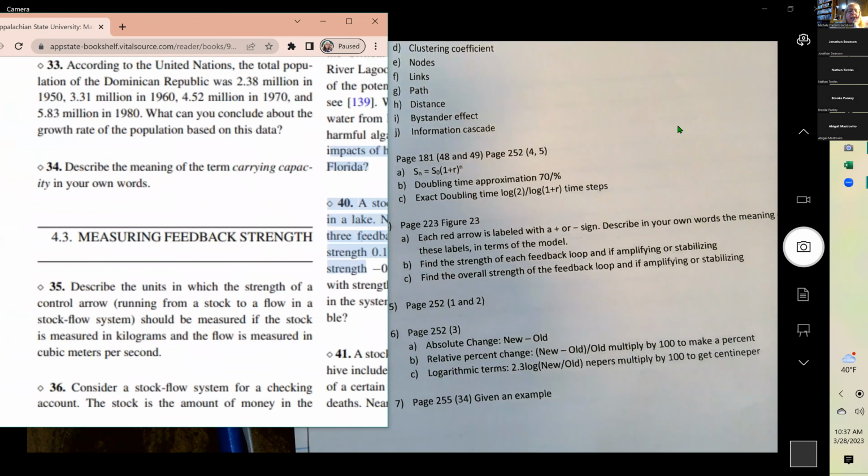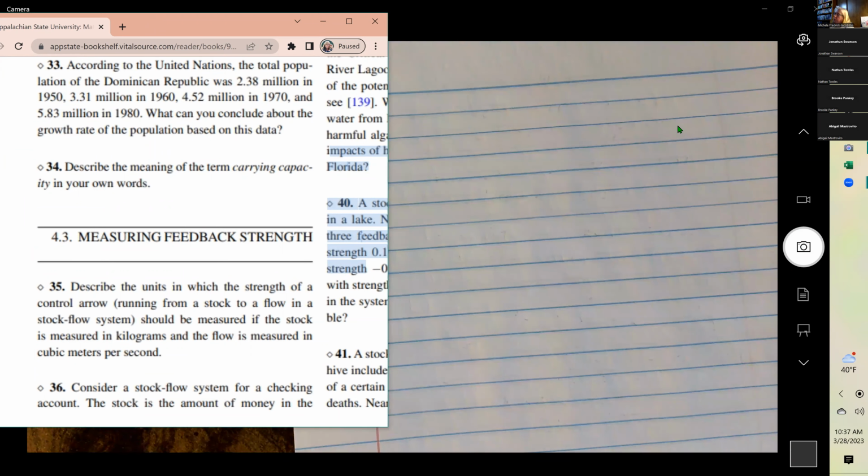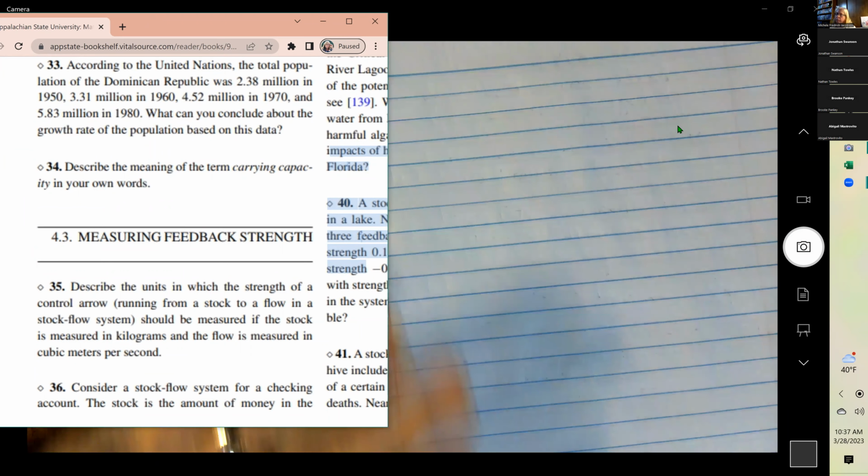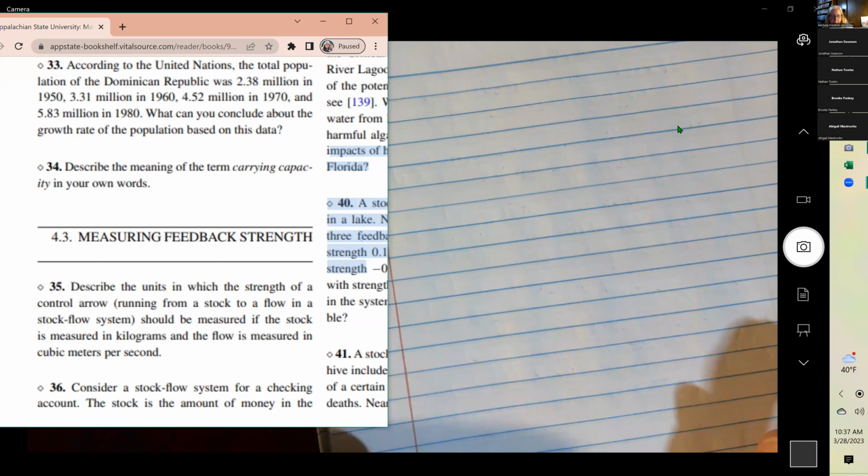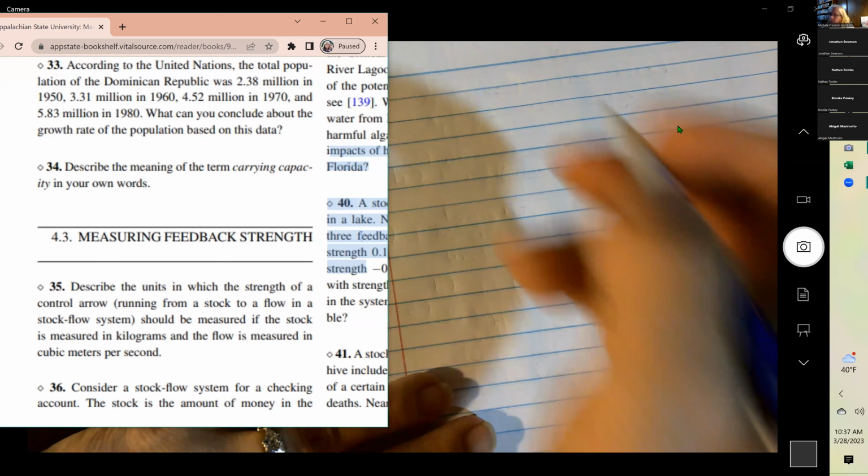Number 34 is describe the meaning of the term carrying capacity in your own words. What is carrying capacity? So here, I'll give an example.